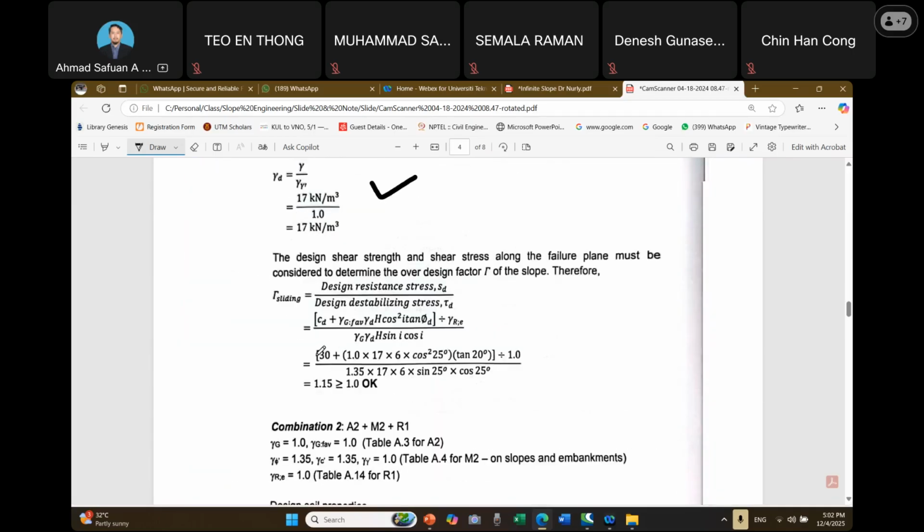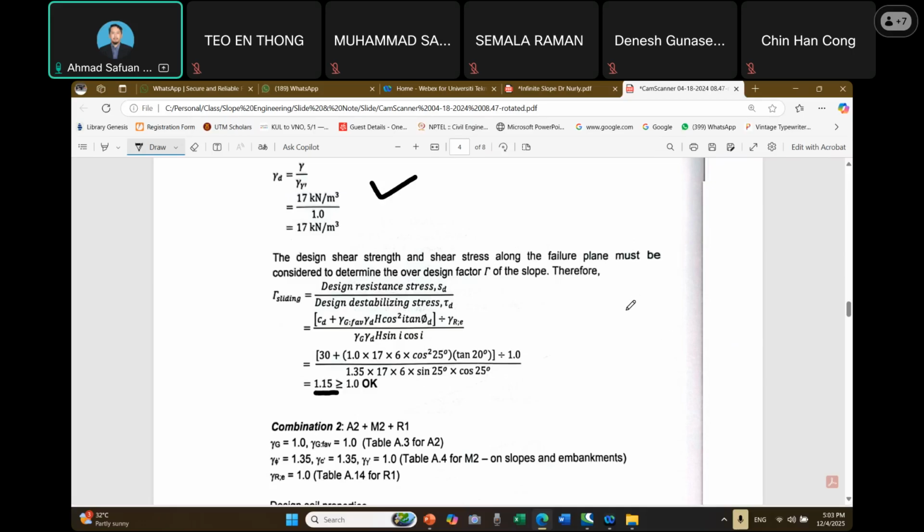We have the design factor: favorable times 17 times 6 cos square 25 tangent 20, divided by the resistance, unfavorable times 17 times 6 times sine 25 times cos 25.